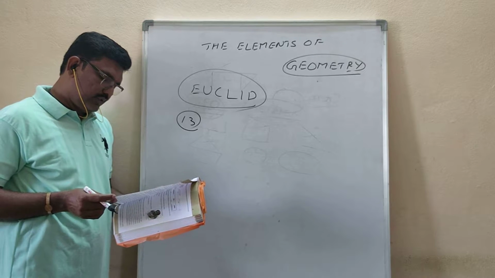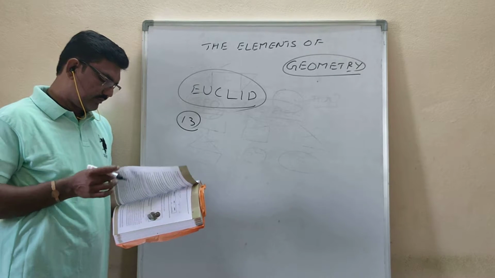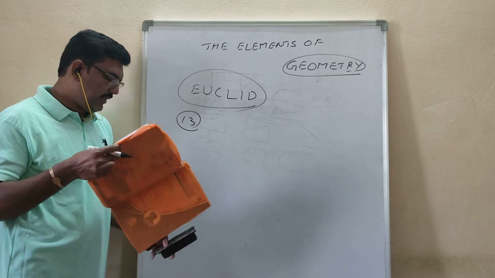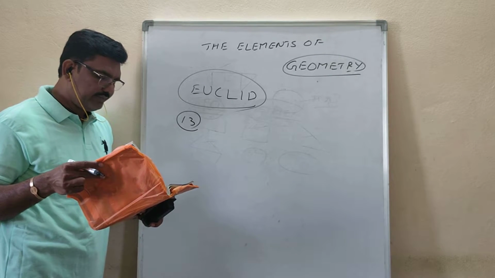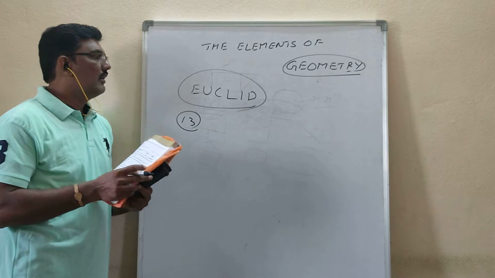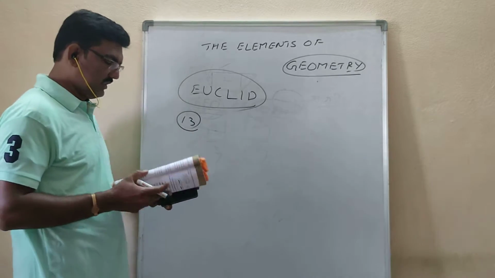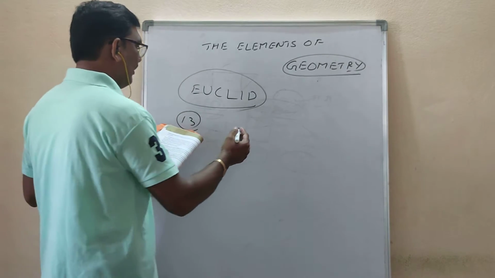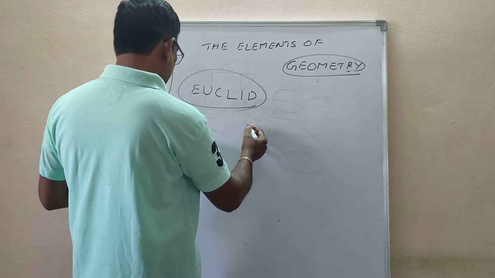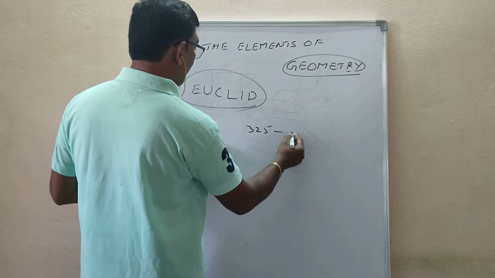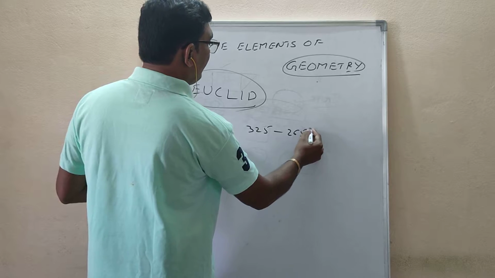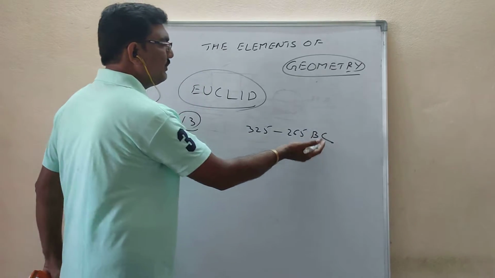He wrote 13 books on geometry, and his period was 325 to 265 BC. BC means before Christ.